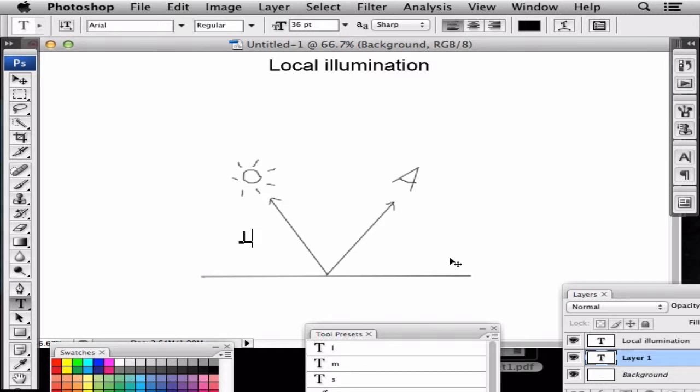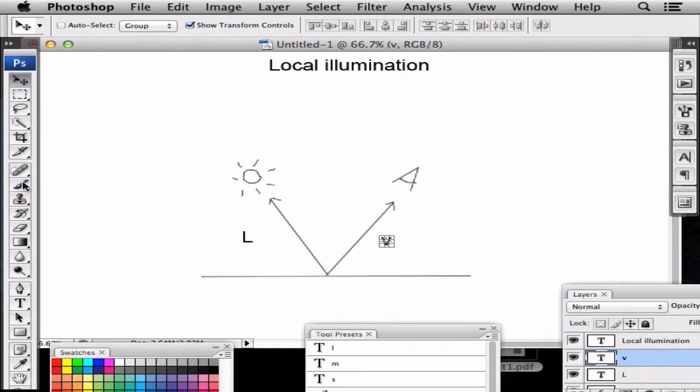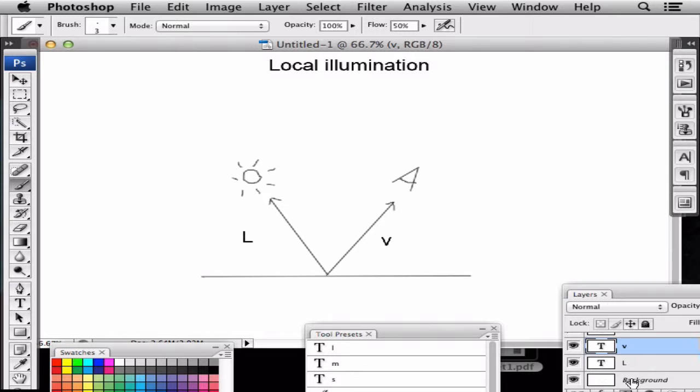So we always use a capital L for this vector. And the view vector, we call that V, with some little arrows above them so we can see they're vectors.